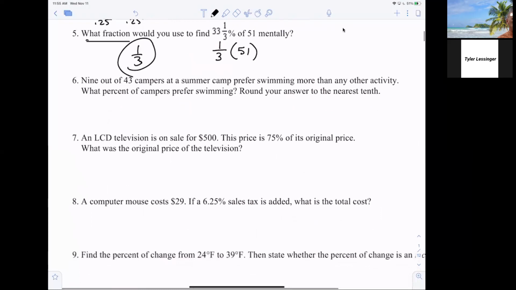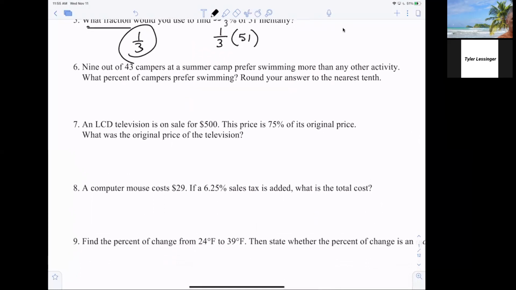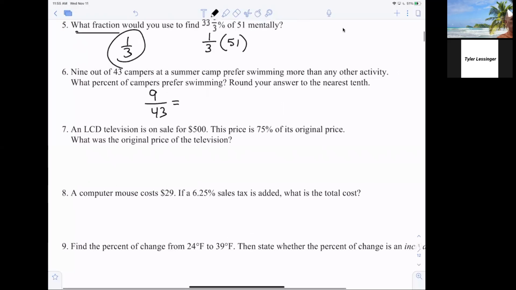Number 6. 9 out of 43 campers. What percent of campers prefer swimming? So everybody do 9 divided by 43. 0.209.